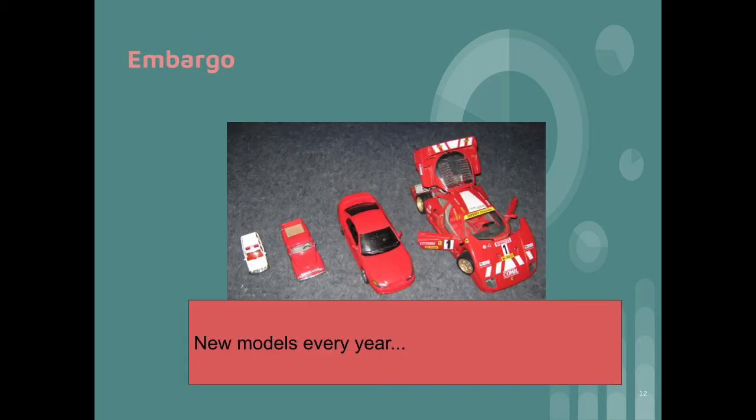This next model is what I call the embargo model. This one is also not terribly common, but the idea is that the company makes its latest and best open source software development available under proprietary licenses. And then when it gets to its next version, it makes the prior version available under an open source license.